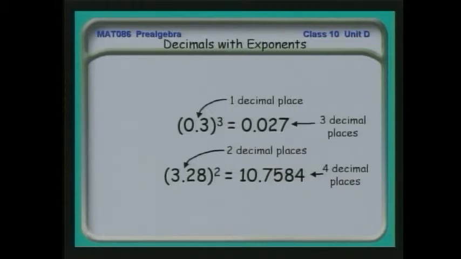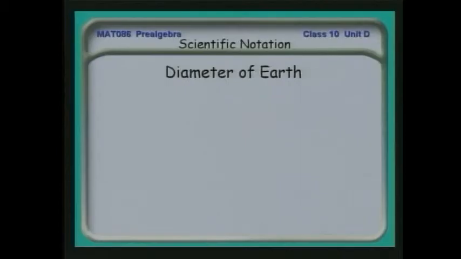We can make a rule of thumb then: if you are taking some decimal number to a power, the number of decimal places is equal to the number of decimal places in the number you're starting with times whatever power you're raising it to. And you can just work this out by doing the decimal multiplications, but it's interesting to know the rule.